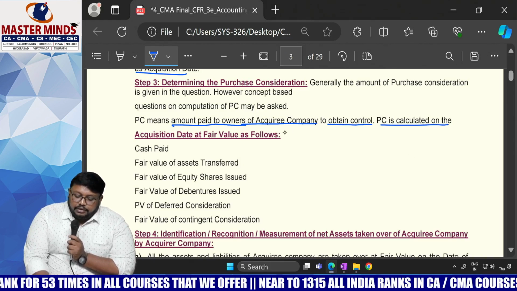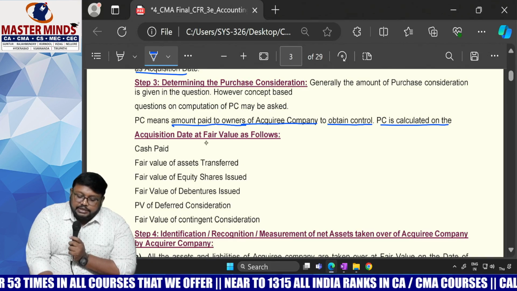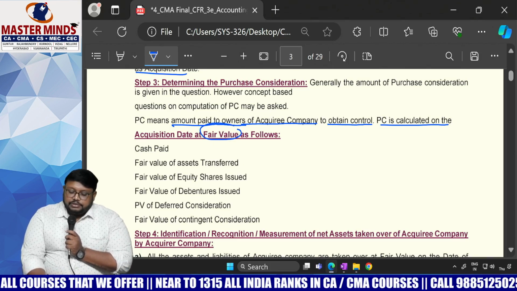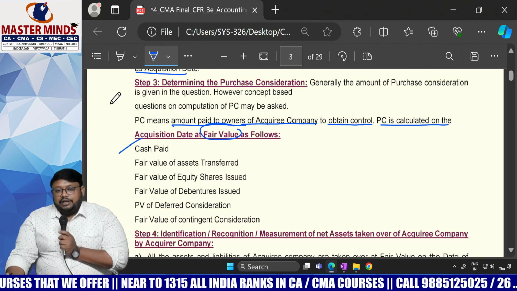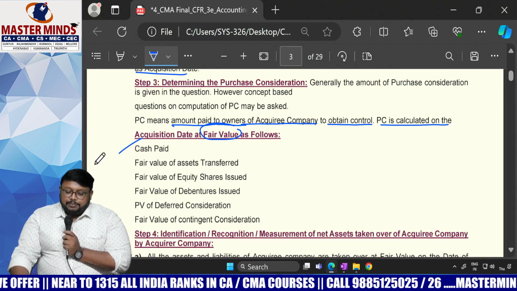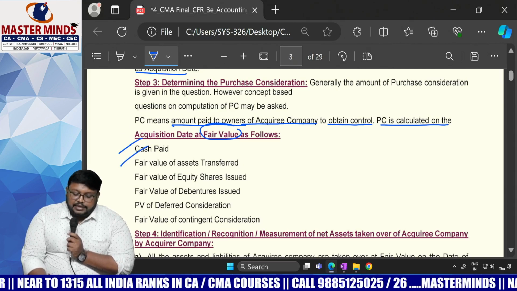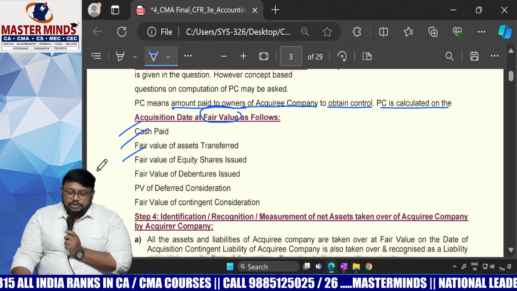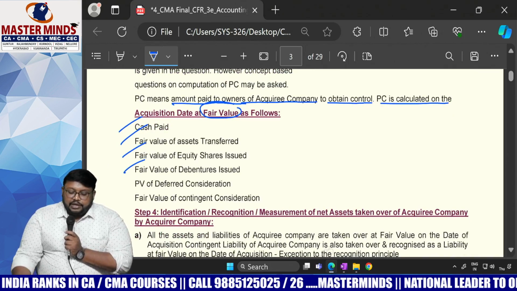First of all, the acquisition date. On the acquisition date we take fair values. So how much cash you paid? The fair value of cash we don't have; the same value will be there. So cash paid plus fair value of assets transferred. And if you issue equity shares, the fair value of the equity shares issued, or if you issue debentures, the fair value of debentures issued.